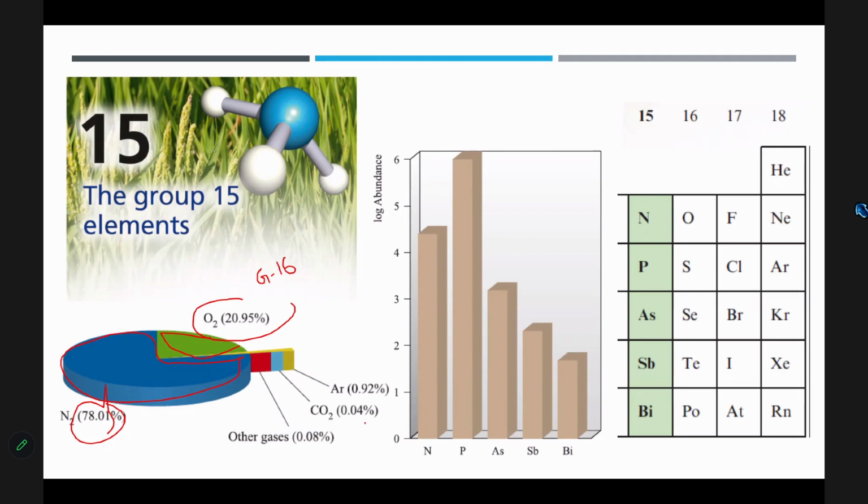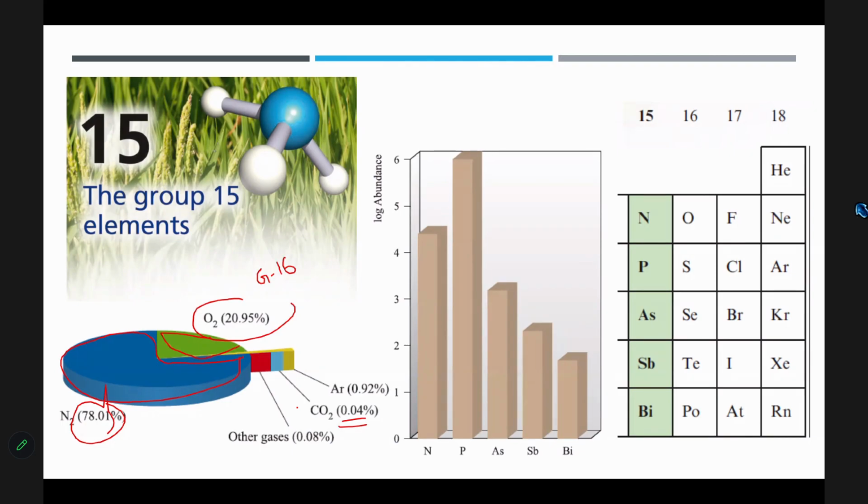Carbon dioxide is 0.04%, almost nothing in the air, right? All other atoms, argon is also part of here. Argon is a highly unstable gas at room temperature, along with other gases. So remember that the highest element in the air that we breathe is nitrogen, not oxygen or carbon dioxide.